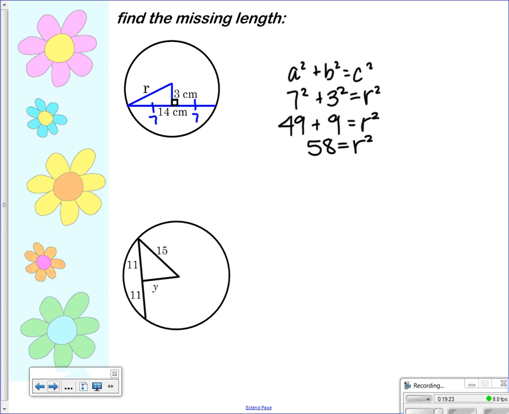How did you get r by itself? Square root it. So square root of 58. Josh, what did you get? I saw yours. 7.6 is about the length of my radius.